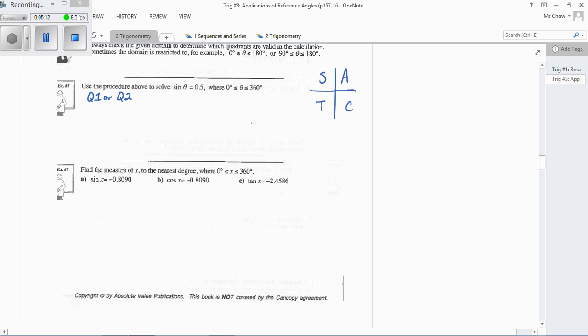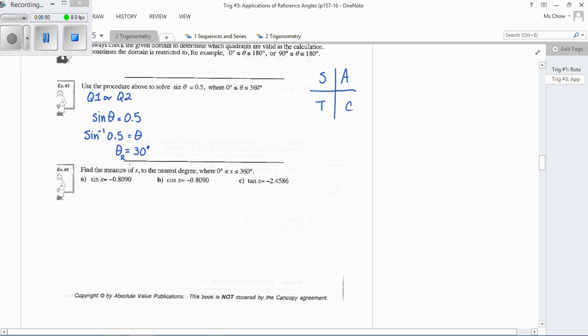We can now ask our calculators to do the inverse sine. So if sine of theta is equal to 0.5, then using your calculators, making sure, of course, that you're in degree mode, the inverse sine of 0.5 will give you theta, and it tells you that theta is 30 degrees. But 30 degrees is of course just in quadrant 1. So what it's actually telling you is that the reference angle is 30 degrees.